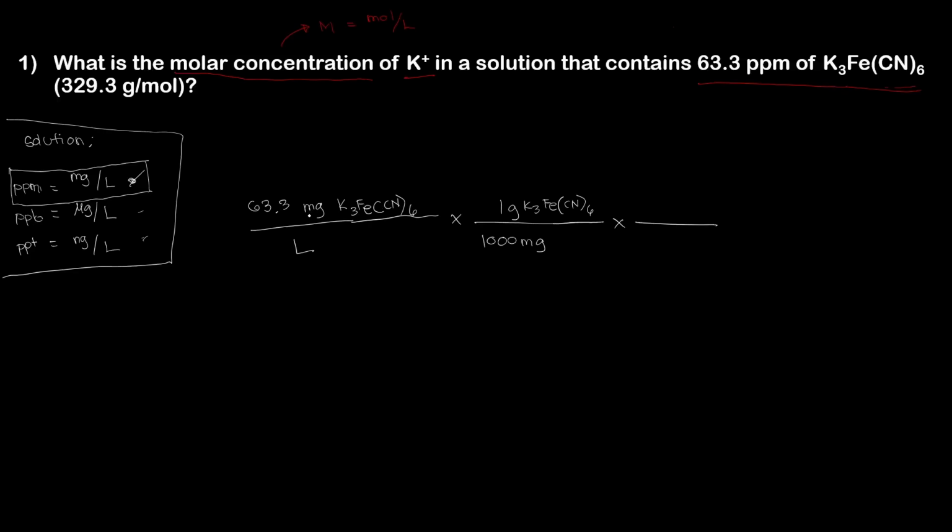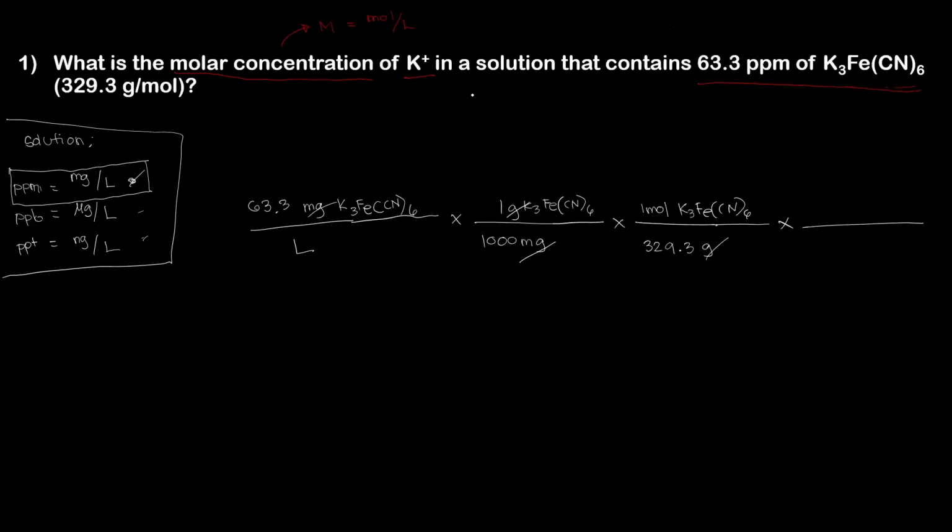We can cancel milligram and we're left with gram. So let's use the molar mass of K₃Fe(CN)₆, that is 329.3 grams per 1 mole of K₃Fe(CN)₆. Now we can cancel the grams and we are left with 1 mole of K₃Fe(CN)₆.